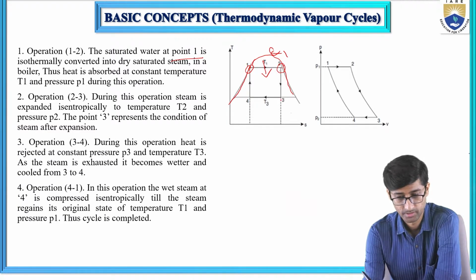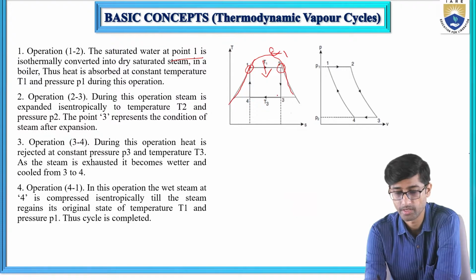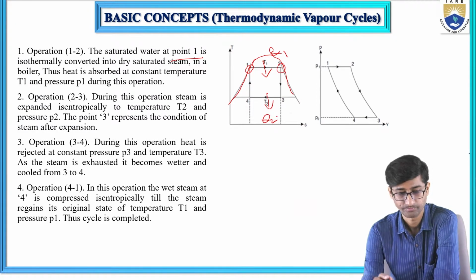After expansion, this 3 to 4 is called the condenser. During this operation, heat is rejected at constant pressure P2 and temperature T3. As the steam exhausts, it becomes wetter and is cooled from 3 to 4. Here we are supplying cooling water so that it is cooled. That means here heat is rejected. Let's say this is Q2, right?